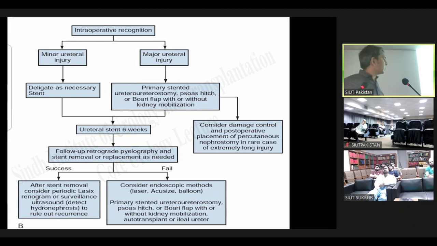If it is failed, then we will utilize the other options of delayed treatment, which we have already mentioned. While for major injuries, we will do primary stenting or ureterostomy, the other procedures, and then the concept. If the patient is unstable, then we will consider damage control procedure.